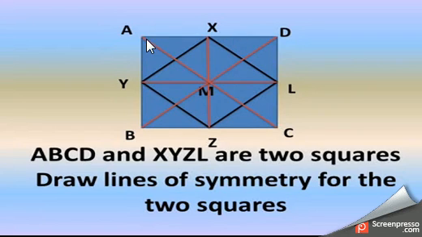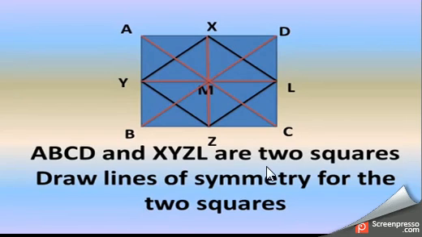You will see now. Count with me: 1, 2, 3, 4. So the number of lines of symmetry of these two squares together is 4.